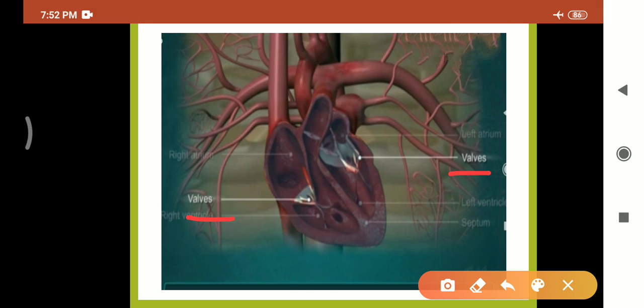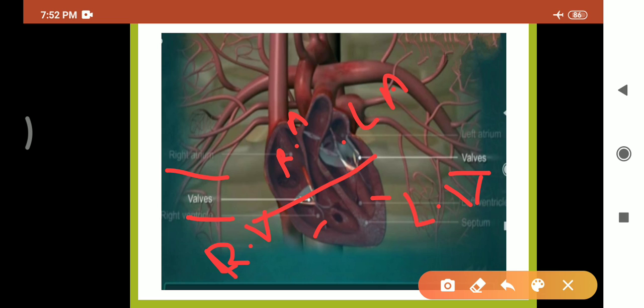Here this is the right atrium, this is the left atrium, this is the right ventricle, and here this is the left ventricle. So horizontally they are separated by walls, and vertically they are separated with the help of the septum.